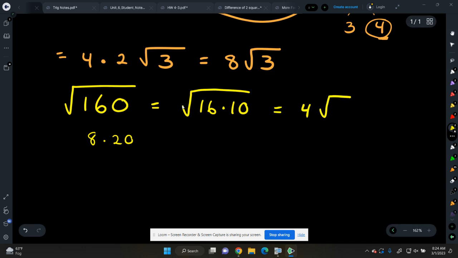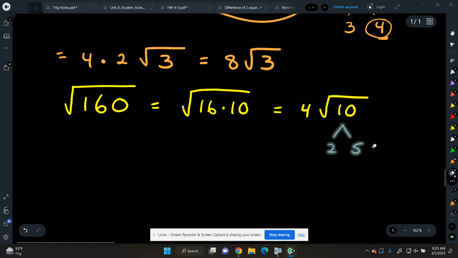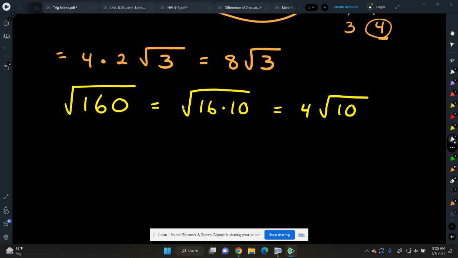So now I have the square root of 10. Okay. So let's factor that 10 down. We're looking for pairs. 10 is 2 times 5. Can't go anymore because they're both prime numbers, and there's no pair there. So the 10 stays inside the radical. So it's 4 square root of 10. Okay.